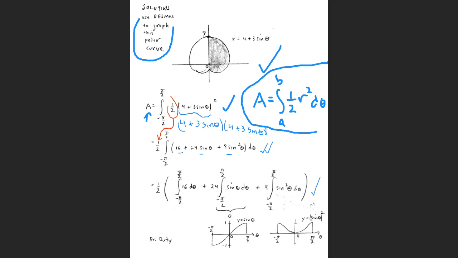So, for instance, the first integral is no problem. Second integral, this is no problem. We can find this second integral easily. But if we notice the sine function goes from negative pi over 2 to pi over 2, and I draw a little picture of the sine function, you notice I have negative area and positive area.